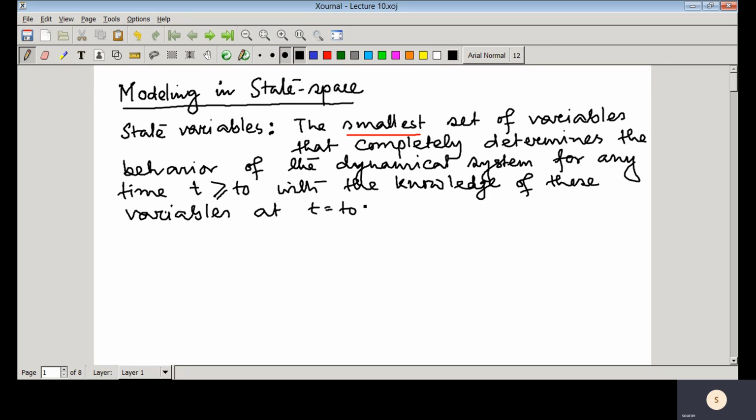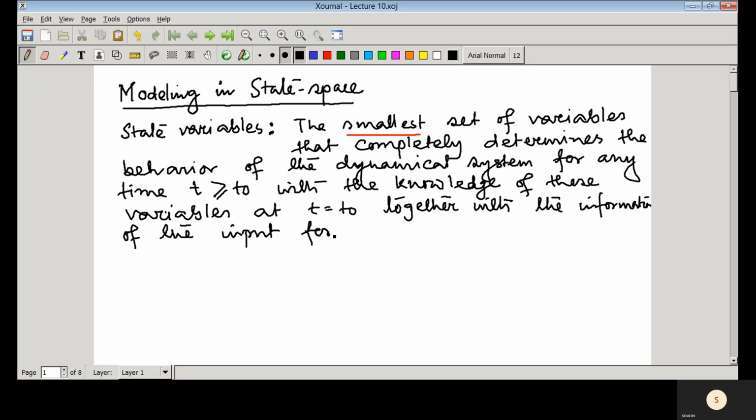That means if we know the values of those variables at t equal to t0, together with the information of the input for t greater or equal to t0.